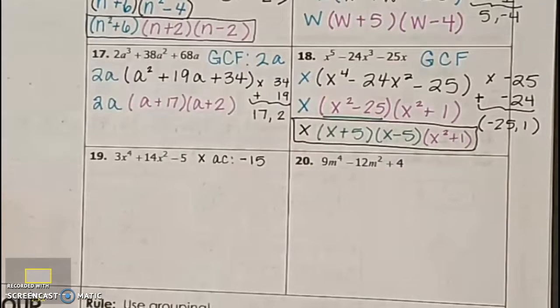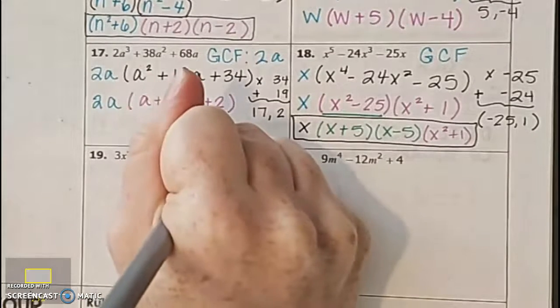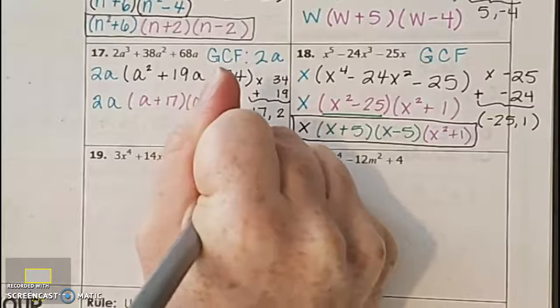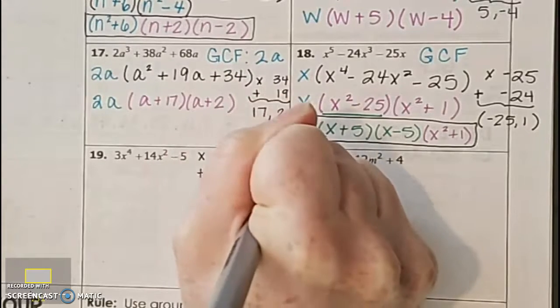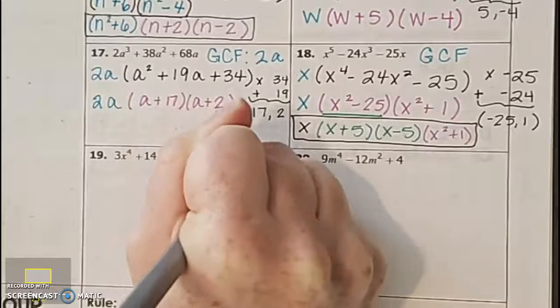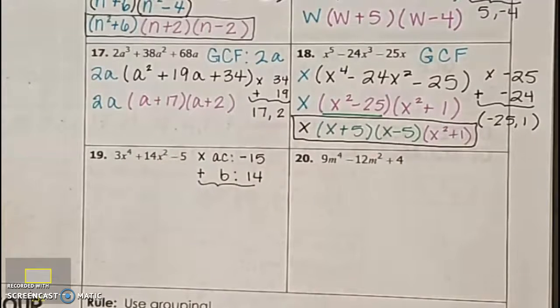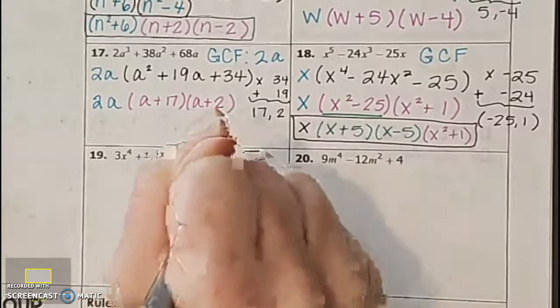And what adds to give us our b term, which is positive 14. Okay, so what multiplies to give us negative 15 adds to give us 14. That will be 15 and negative 1.